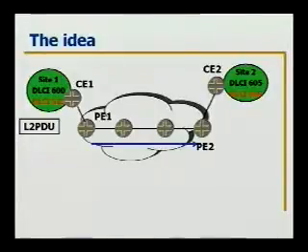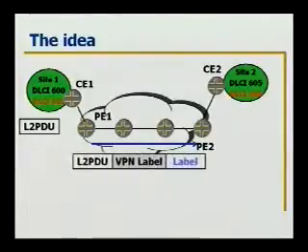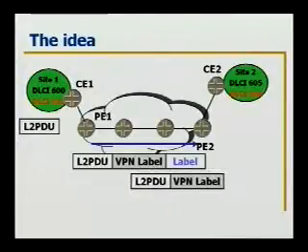And it's going to put the two-label stack, just like in the layer 3 example that we've seen before. So we're going to put a black VPN label and put it on the LSP between PE1 and PE2. The packet is going to arrive at PE2. Based on the VPN label, the correct connection is going to be identified, and the packet is going to be forwarded again as an L2 PDU to the other side.